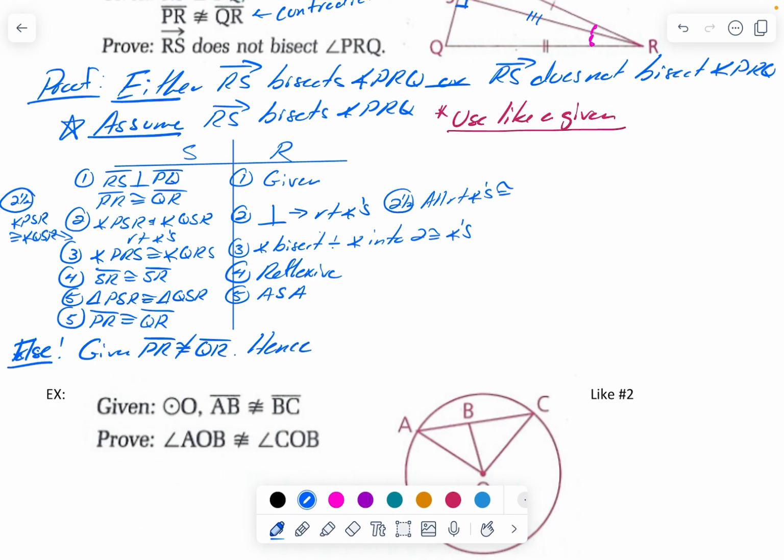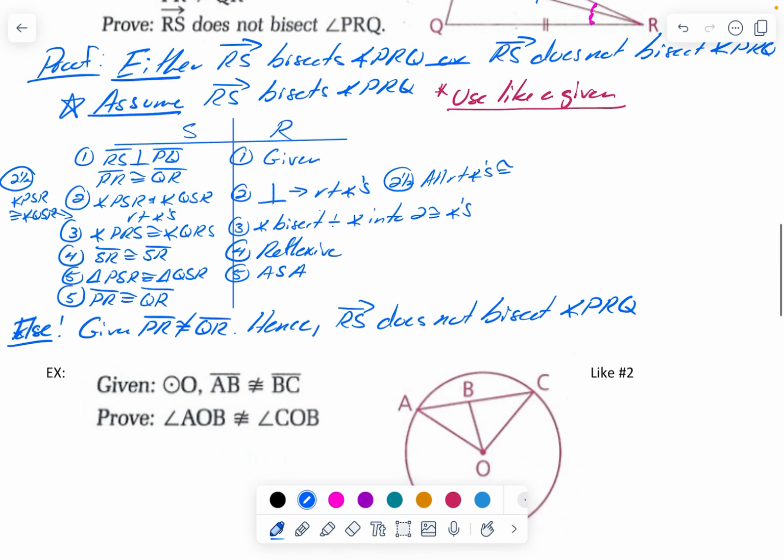Hence, oh, you know what? Or we could use therefore, or the three dots. Our assumption was false. So hence, RS does not bisect angle PRQ. Okay, so then our assumption was false, and we say therefore, the other must be true. Because if RS bisected that angle, then we ended up with that contradiction.